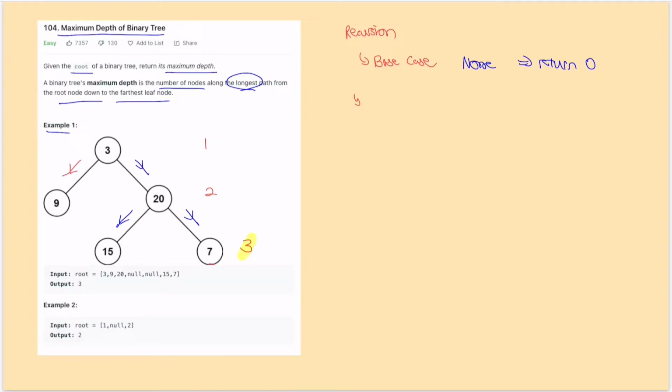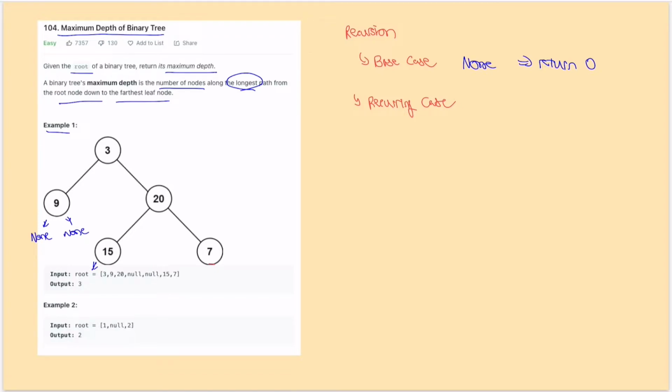However, for the recursive case, what I like to think about when I look at recursive questions is to first examine what happens when we reach the base case and work it out from there. So maybe I'll just take example 1 to explain it again. Our base cases are lower than all these leaf nodes right here, so the 9, because they will all be pointing at None respectively.